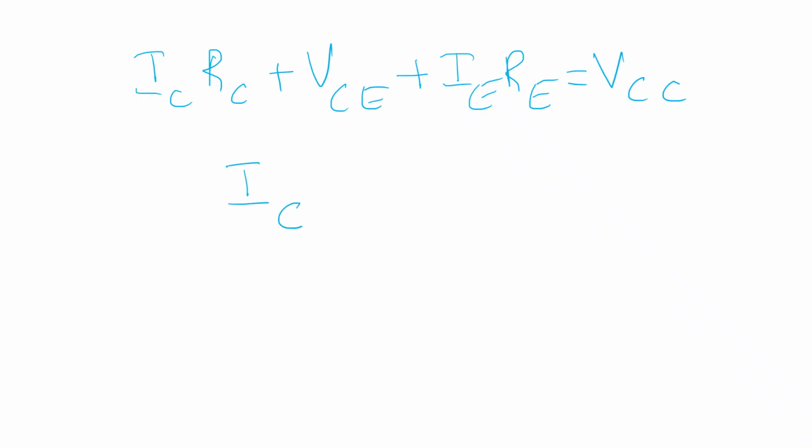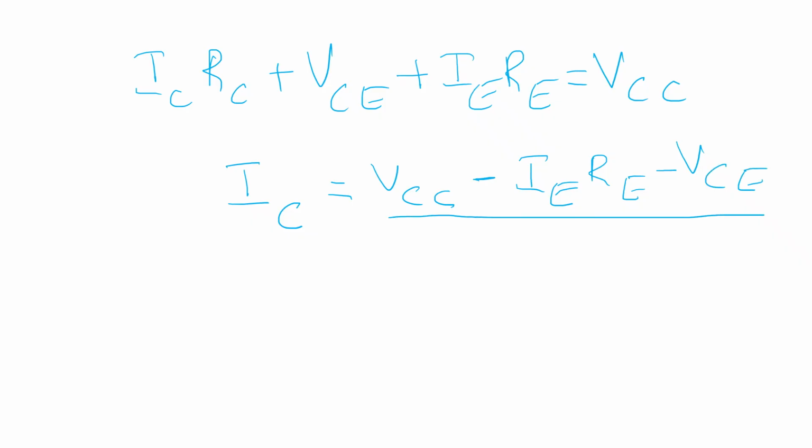Since collector current is considered the output current, I'll determine the value of collector current, which is VCC minus IERE minus VCE, VCE being the output voltage, the whole divided by RC. Thus we have determined the value of IB and IC in emitter feedback bias.